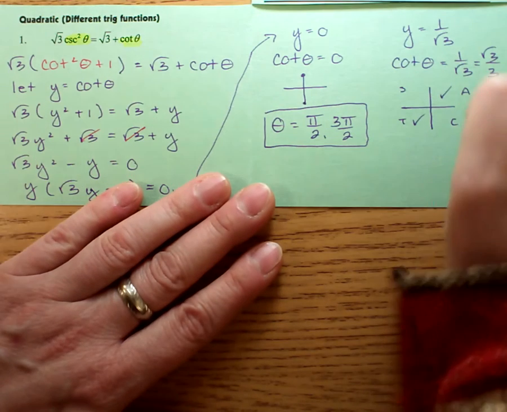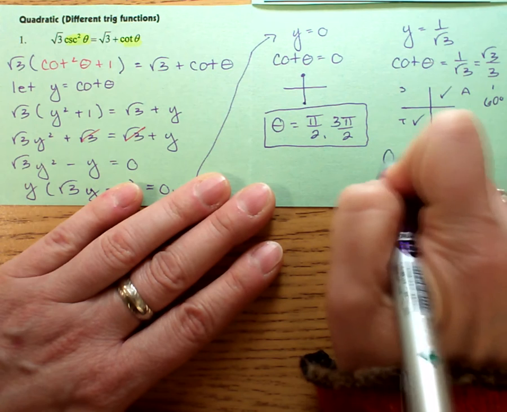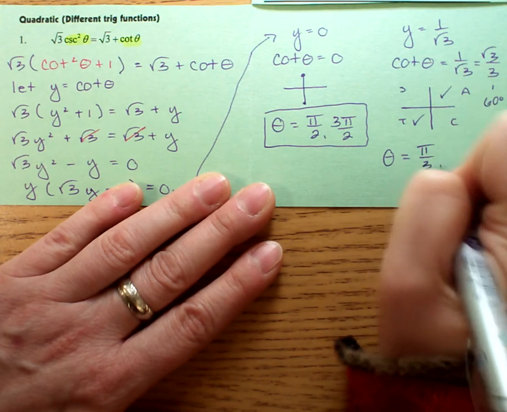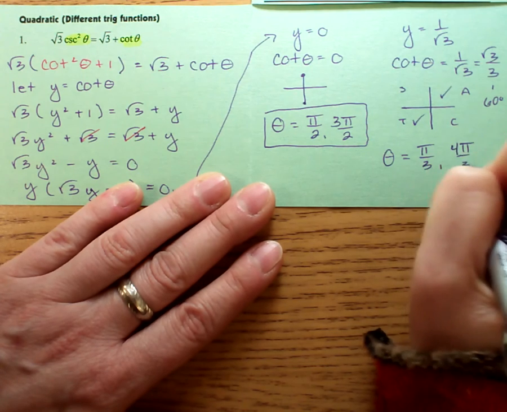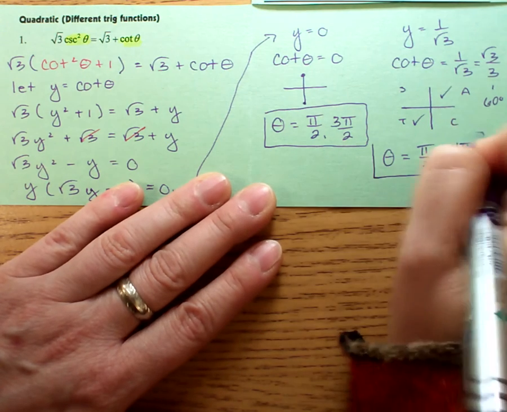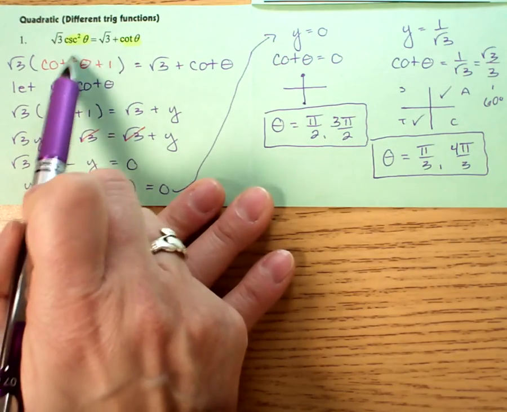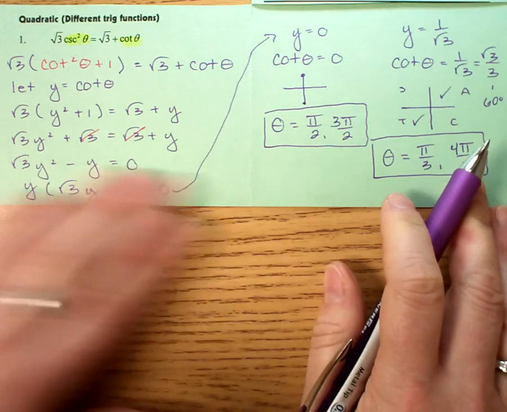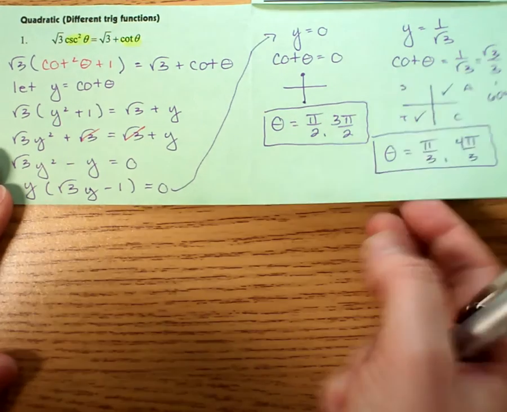This is going to evaluate at a 60-degree reference angle. So my theta values are going to be pi over 3 and 4 pi over 3. So again, the key on this problem is always look at your quadratics and make sure that they are written in the same type of trig function before you try to jump into any solving.